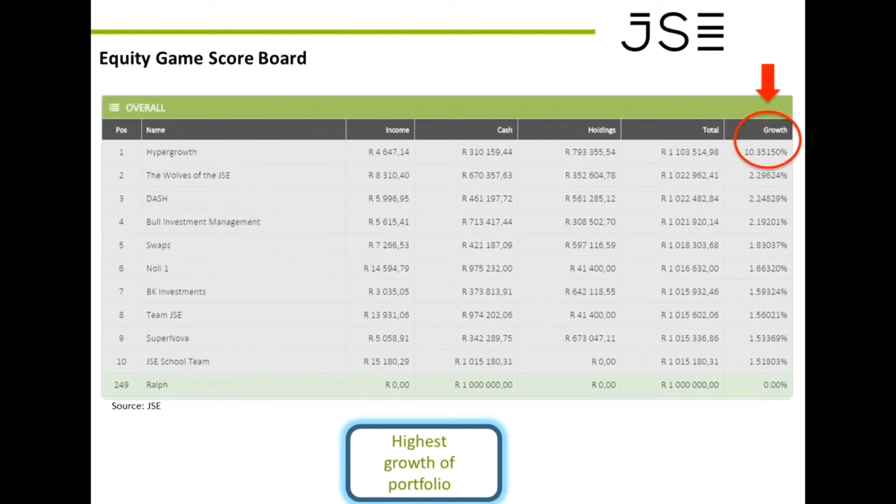So in this game, the highest growth, and I showed you on the previous slide, the highest growth is what wins you this competition. It does not matter about income. What matters is how much growth you have. If you've got the highest growth, you win this competition. How do you get growth? From buying and selling shares only.